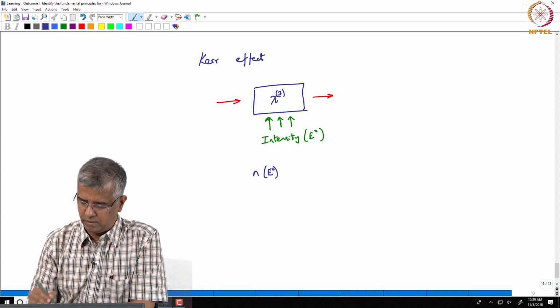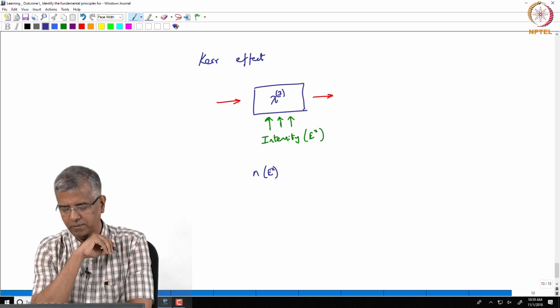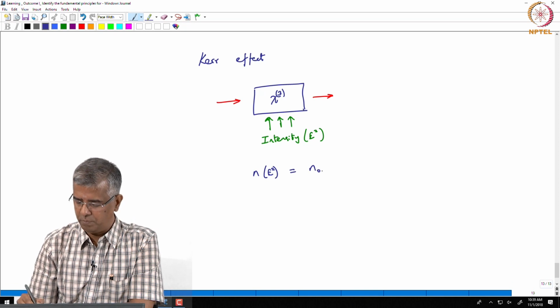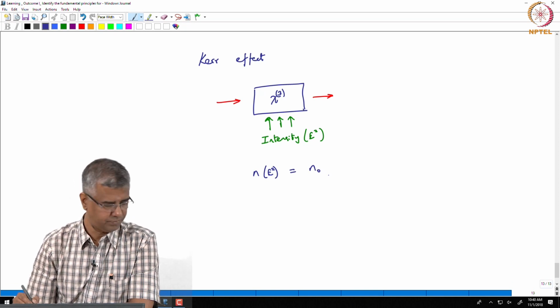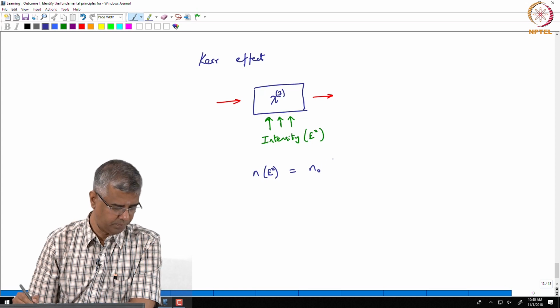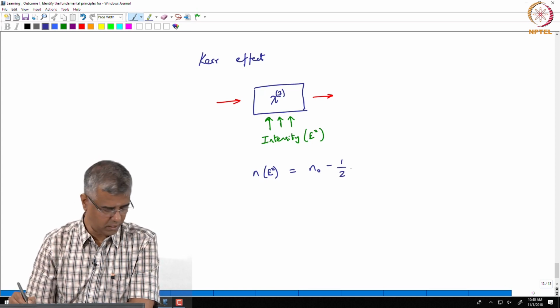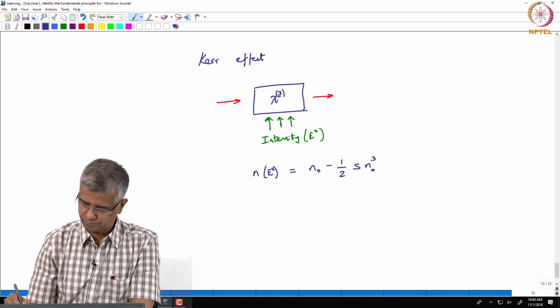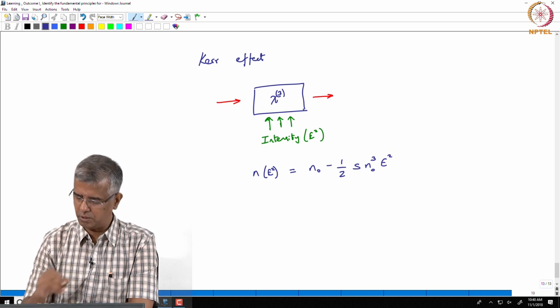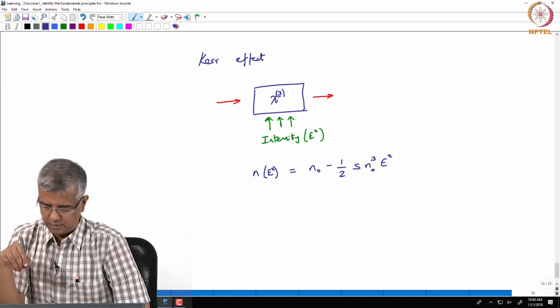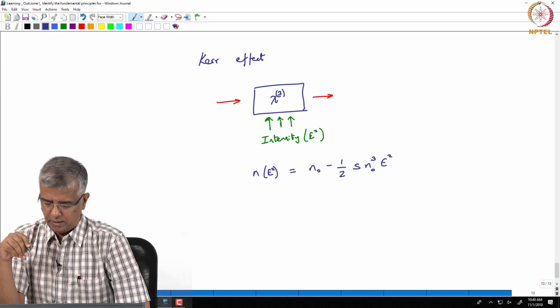So, the specific way you change that is once again when you look at the refractive index change. In this case, the refractive index change depends on E square, and can be written as n naught minus 1/2 of S n naught cube E square. So, this is similar to what we wrote yesterday for the Pockels effect.